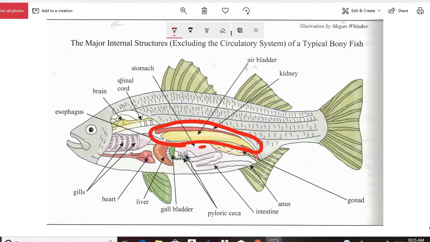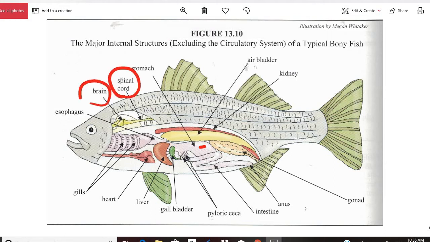Let's see, we don't see the parts of the brain, but here's the spinal cord that leaves the brain. And then here is the brain itself right there. But you would see that they have both a large olfactory lobe and a large optic lobe.